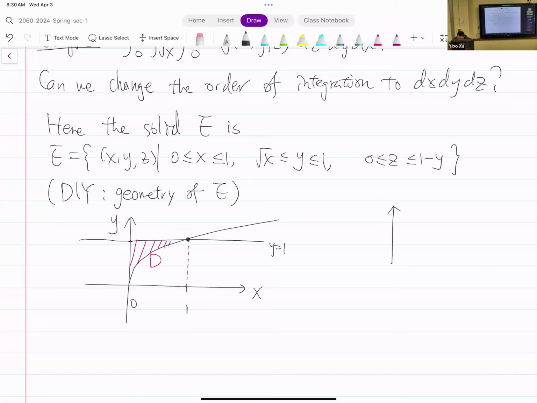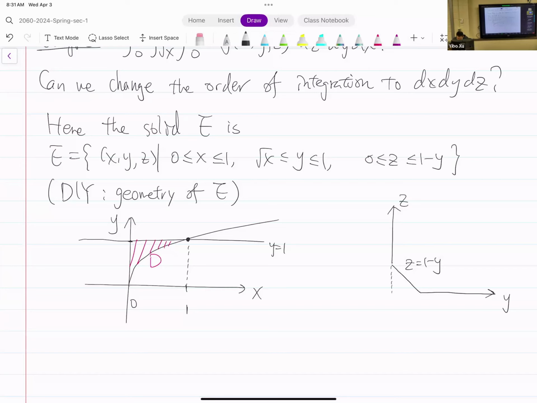Basically we have this. The upper bounding function is z equals 1 minus y, right? So this tells you that y plus z is 1. So in the yz plane, this is z equals 1 minus y.